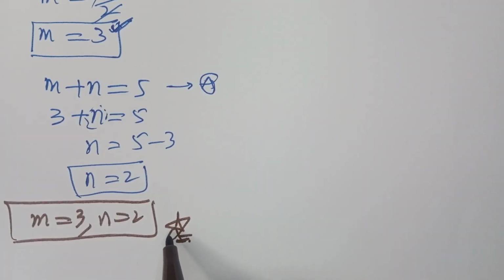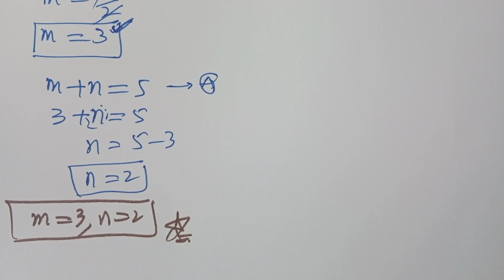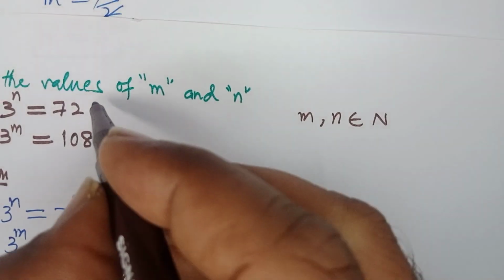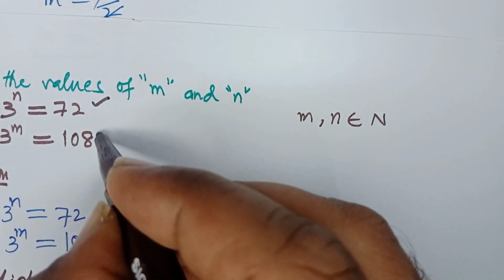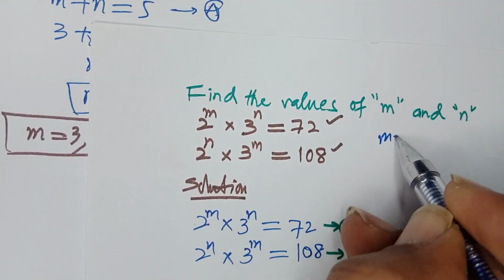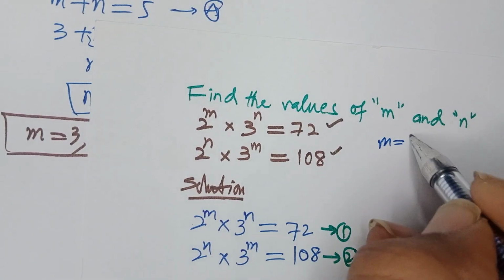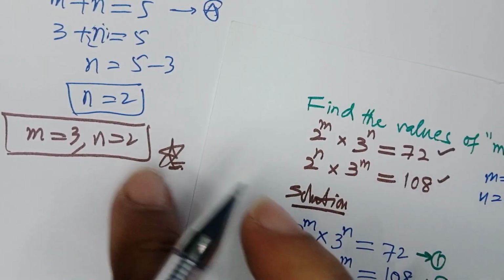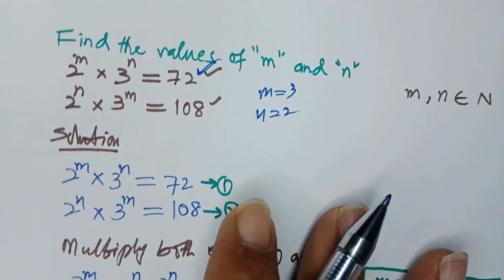Now check these values, whether right or wrong. Put these values in the equations which are given initially. Now m is equal to 3 and n is equal to 2. Put in any equation.